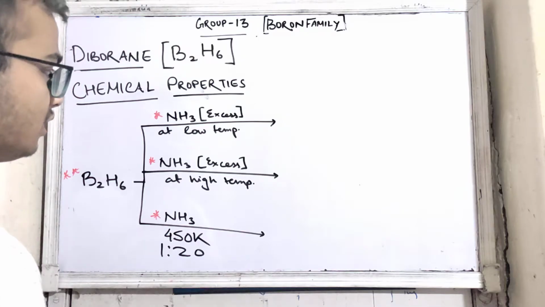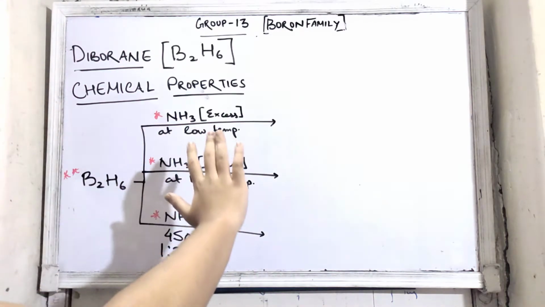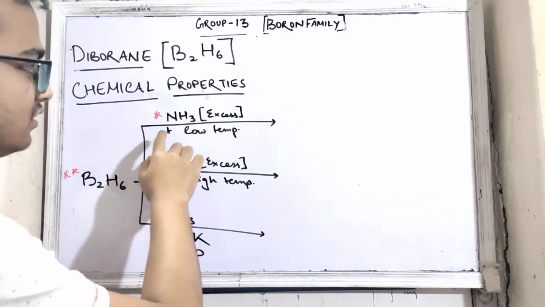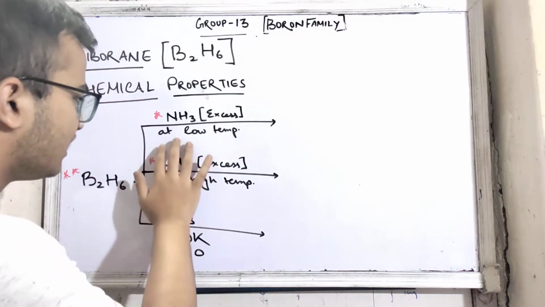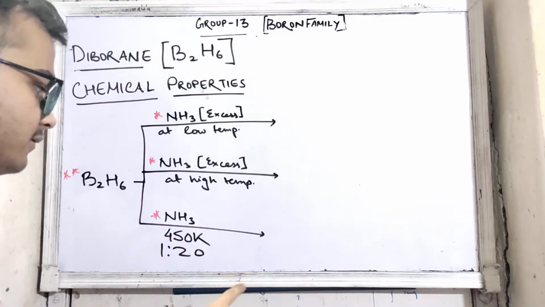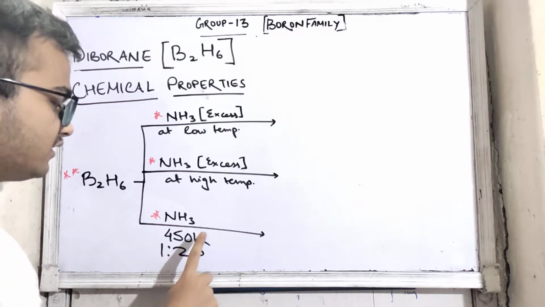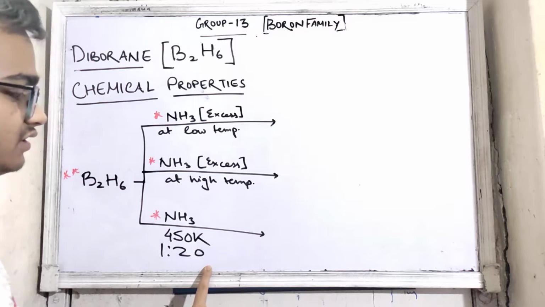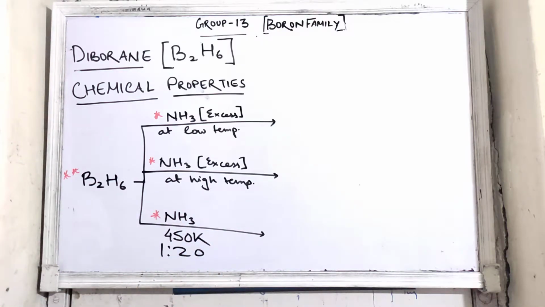Now in this I have three cases. I use NH3 or ammonia in excess, at low temperature, and at high temperature in excess, and here you have to remember the condition, which is 450 Kelvin in the ratio 1:20 ammonia. Now what you get from here, I write from here.